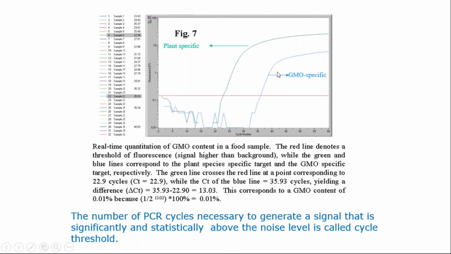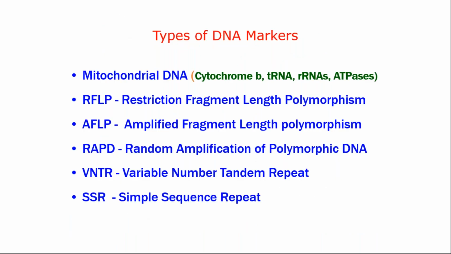Like for soybean, we have to amplify the lectin gene to show that the DNA that we have amplified is that of soya and not that of jawar or corn, etc. So for maize, we will amplify the invertase gene. So we have what are known as reference genes or housekeeping genes, and the GMO specific gene is compared with the housekeeping gene.